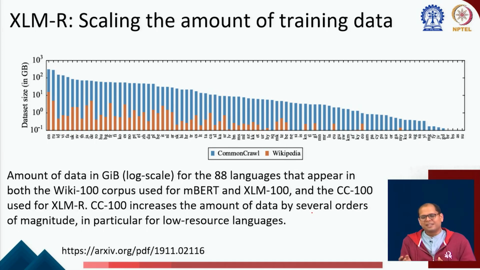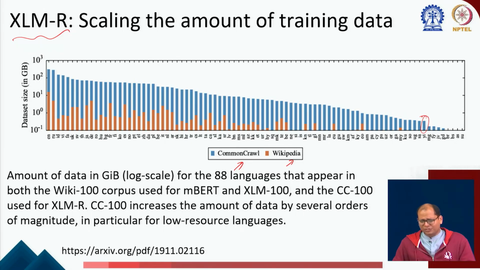Now XLM-R is, I would say, one of the most popular encoder-only models that is available. So they scaled the amount of training data a lot. Till now, people were using Wikipedia data, but they started using Common Crawl data, and as you can see, this is in log scale. So in GB, the size of Common Crawl is much larger than Wikipedia, right? And especially in the tail side, you have much more data for languages than you had in Wikipedia.